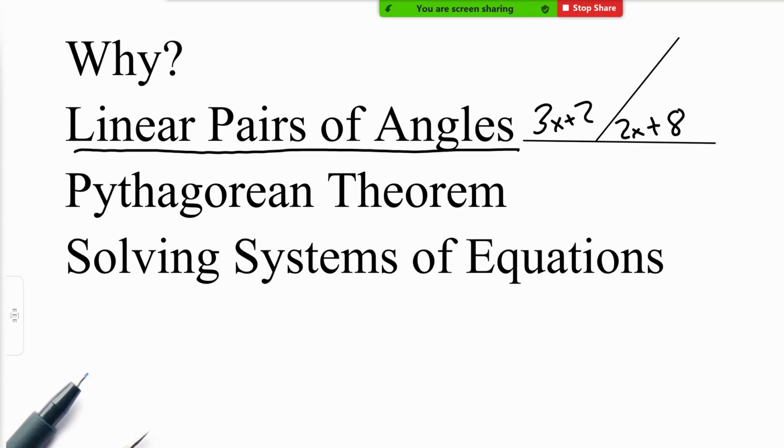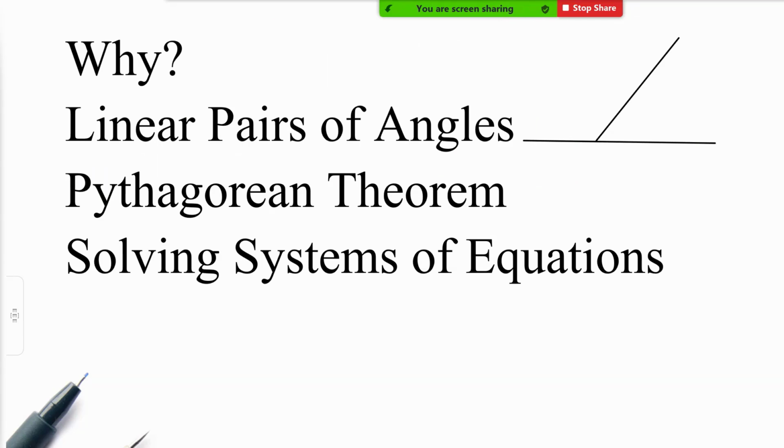And you had to be like, what do I do with that? Well, in this problem, you would say 3x plus 2 plus 2x plus 8 equals, in this problem, it's a line, so it equals 180 degrees.